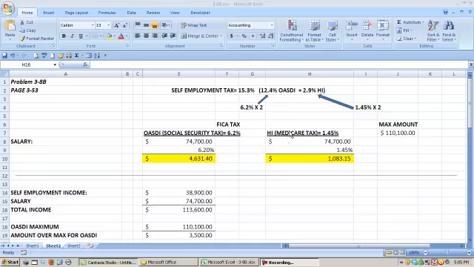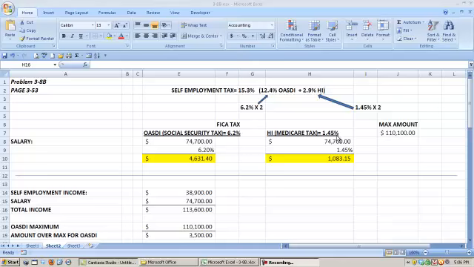If you're an employee, 6.2% of your pay is going to be subject to the Social Security tax up to a maximum amount of $110,100. Once your wages reach that amount, you're no longer subject to the Social Security tax. Same thing we talked about last time with Medicare. There is no maximum amount, and every dollar that you earn is going to be subject to this 1.45%.